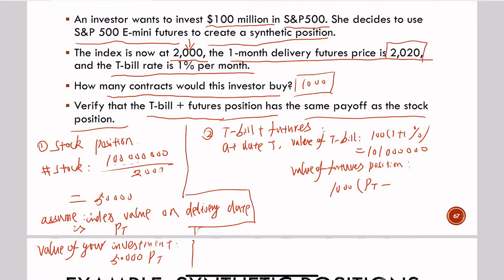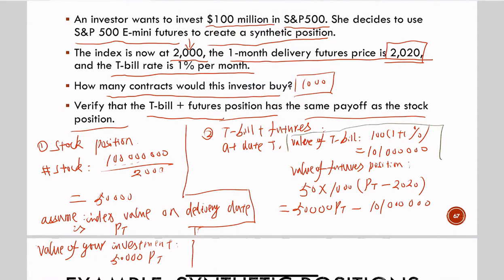It's 2020. Well, you have to remember that we have this contract multiplier. Right? So 50 times this. This will give us 50,000 times PT minus 101,000,000.